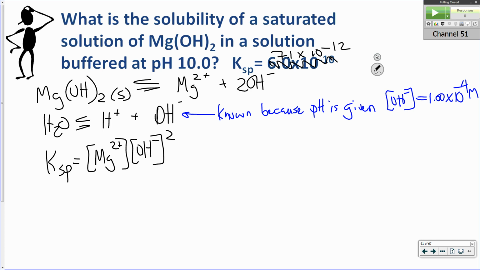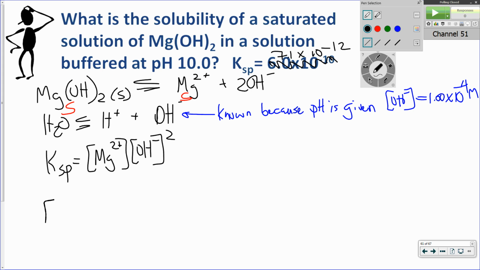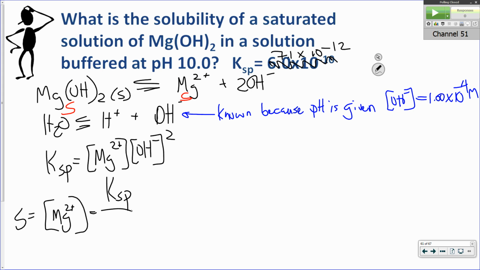Okay, so if I'm looking for the solubility, it is equal to the concentration of the Mg2 plus. So the concentration of the Mg2 plus equals solubility, which is equal to Ksp divided by the hydroxide ion squared.